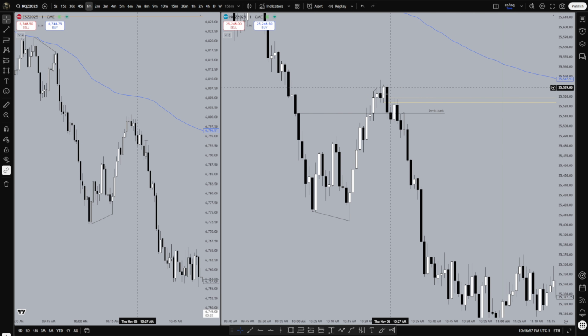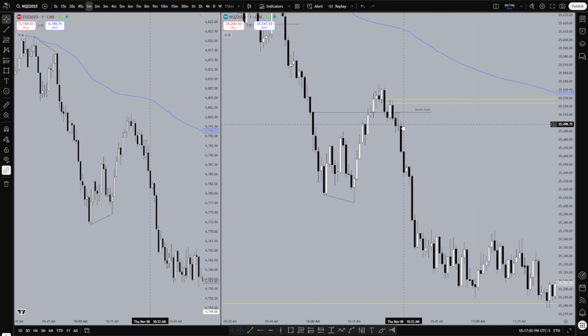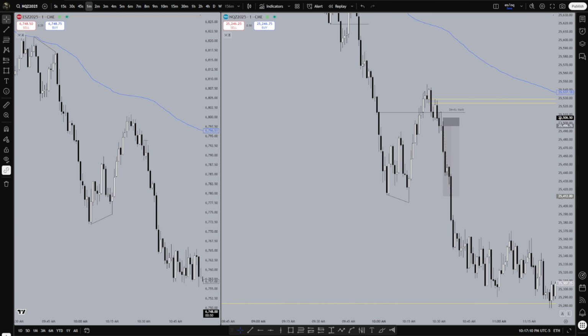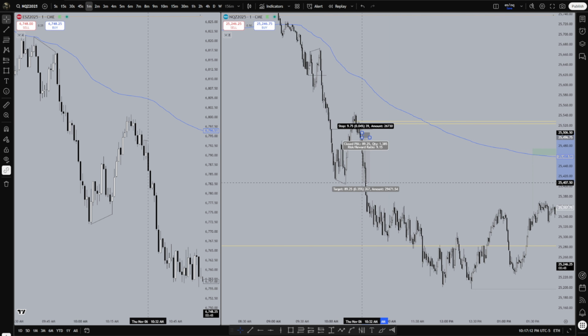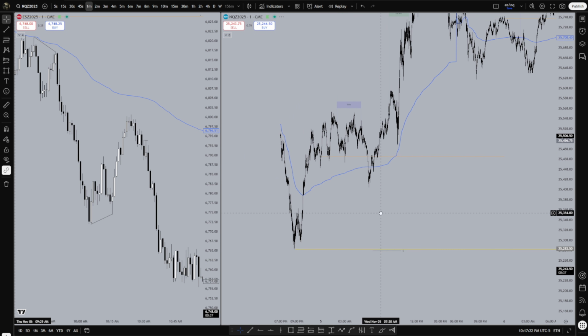And after having all these confluences plus this internal SMT, you can go ahead and enter off of that close as soon as this next candle opens with your 10-point stop. And you could have targeted back to previous day low on this, which would have been 21 RR and 213 points.